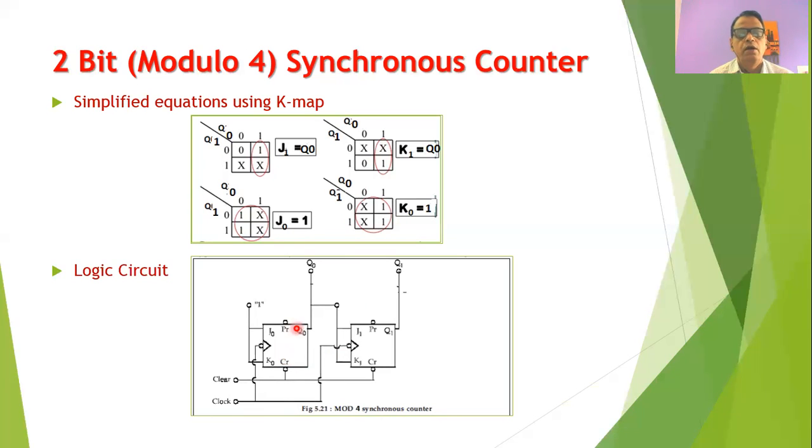J0, K0 will be kept equal to 1 according to the equations that we have obtained. Then J1 and K1 both will be connected to Q0. So this is a circuit which will work as a synchronous counter, and this counter can count 2 bits or 4 input clock pulses.